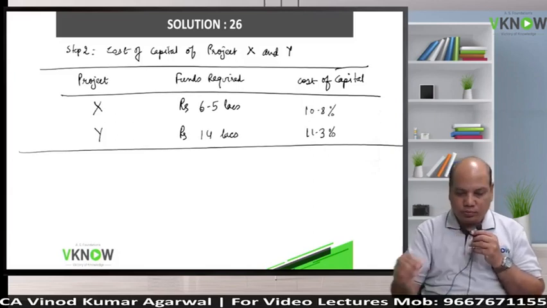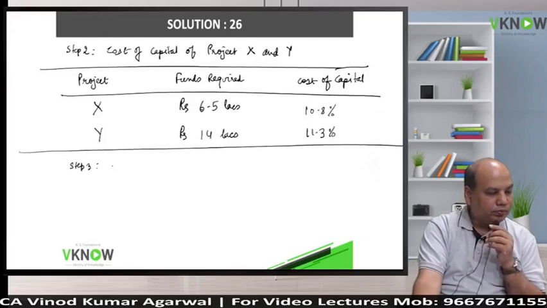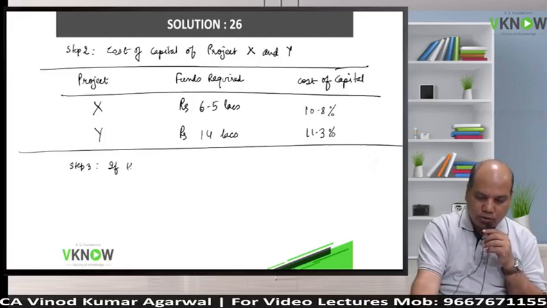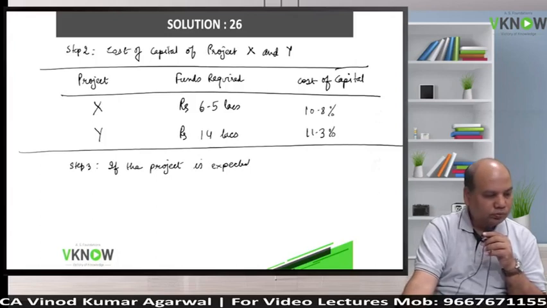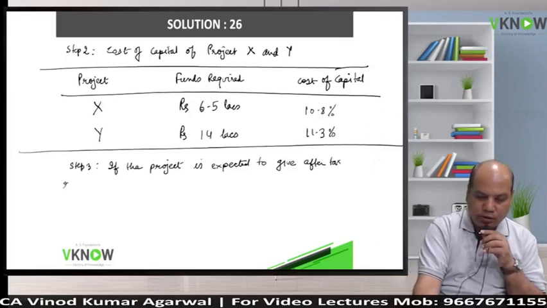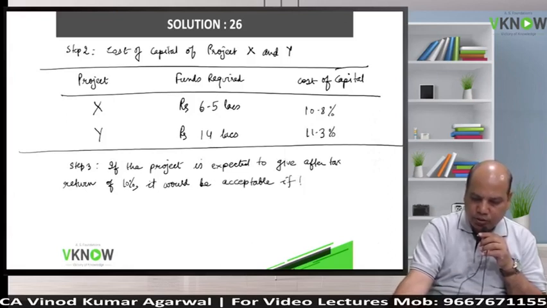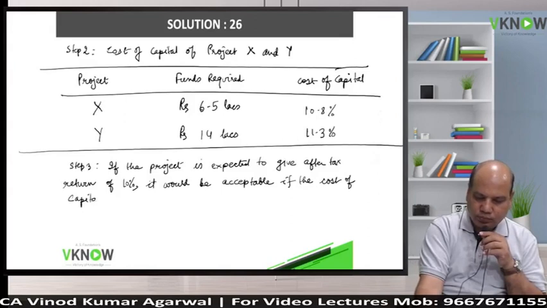So write down step 3: If the project is expected to give after tax return of 10%, it would be acceptable if the cost of capital is less than 10%.